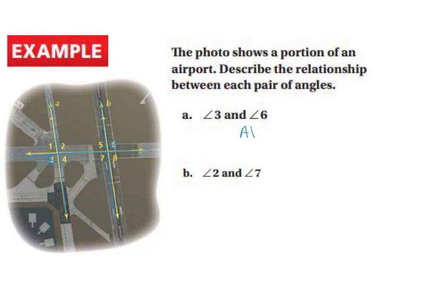So we'd say these are alternating exterior angles. And then comparing 2 to 7, opposite sides of the transversal. Inside, so we'd say these are alternating interior angles.